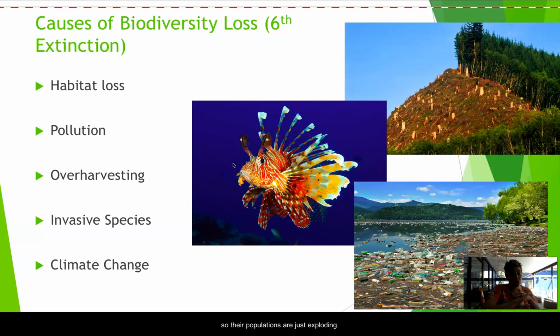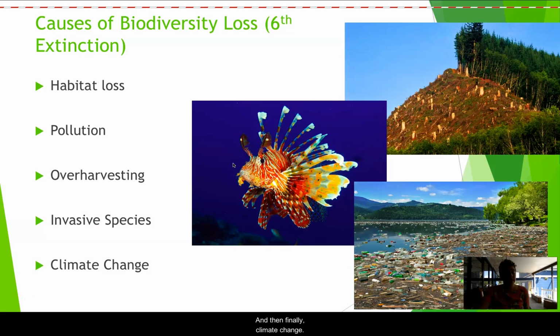So their populations are just exploding. So invasive species, often accidentally introduced, can have massive impacts. Islands are particularly susceptible because there's nowhere for the species that normally live on those islands to go. So islands like those in Hawaii have been really heavily impacted by humans bringing in rats and cats. So invasive species there as well.